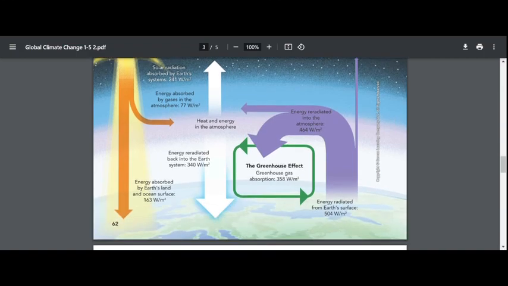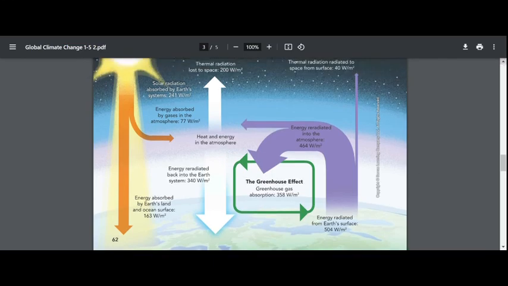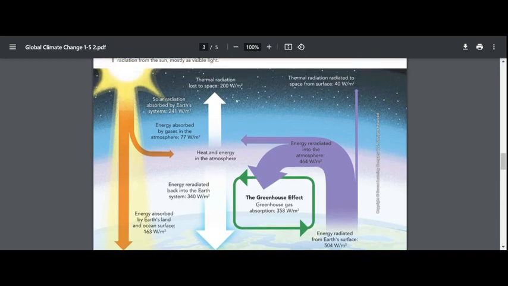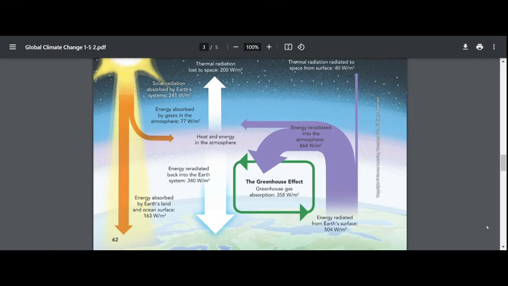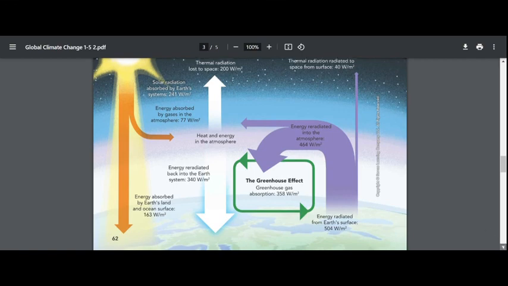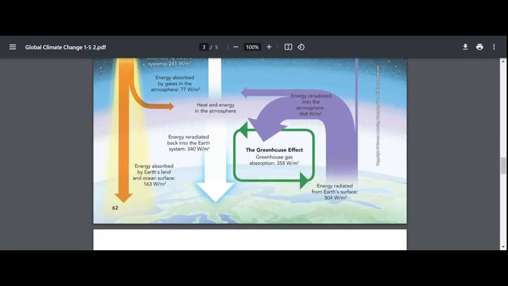And then energy absorbed by land and ocean surface. So we have thermal radiation that's lost to space, heat and energy in the atmosphere, and then energy is also re-radiated back into the Earth system. Okay. And then we have the greenhouse effect.